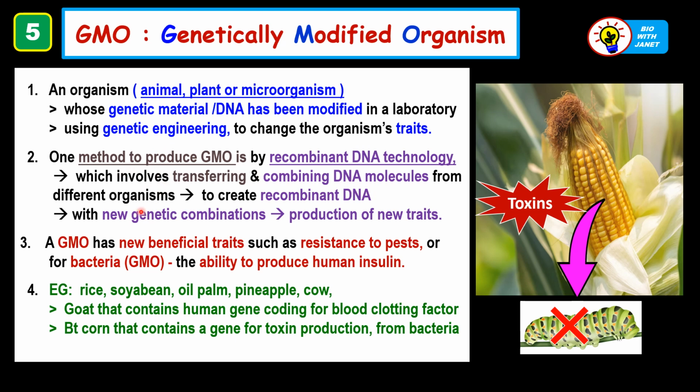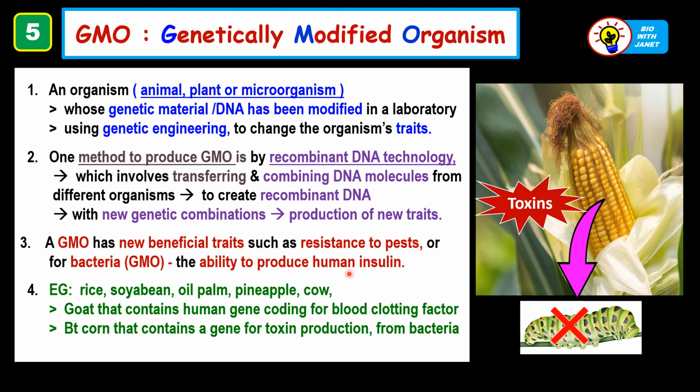They could be organisms of the same species or of different species, to create recombinant DNA, which is a combination of two different DNA strands, with new gene combinations leading to the production of new traits in the genetically modified organism.